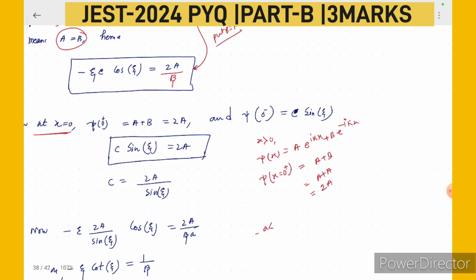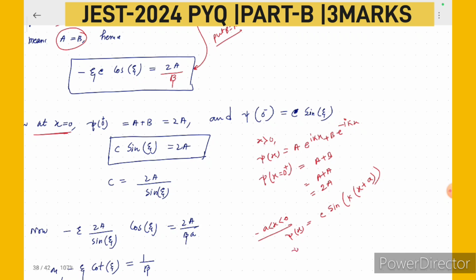And for the other free region, minus a less than x less than 0, psi of x equals C sin k(x plus a).